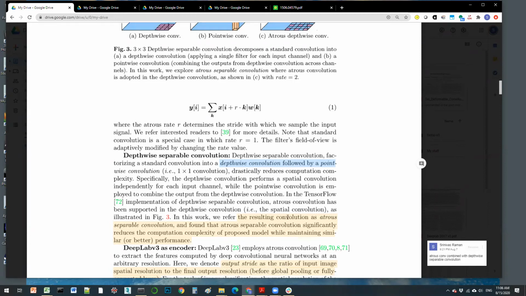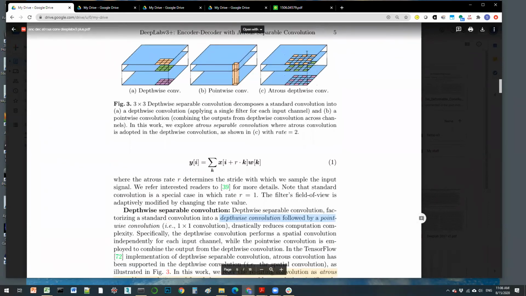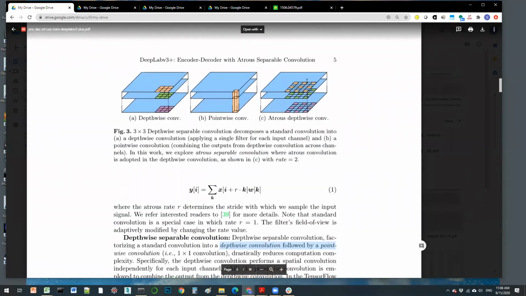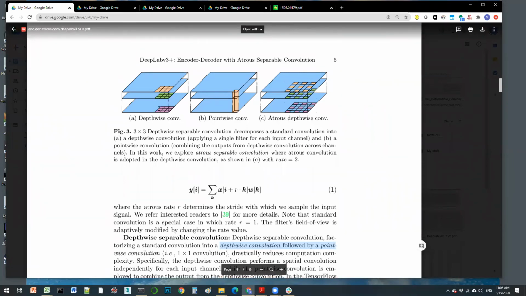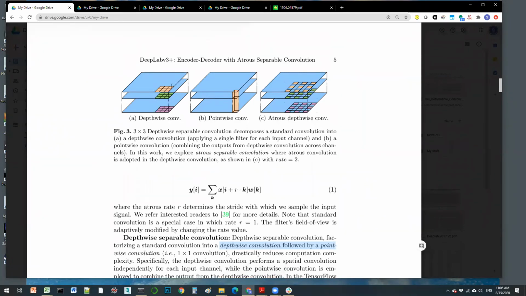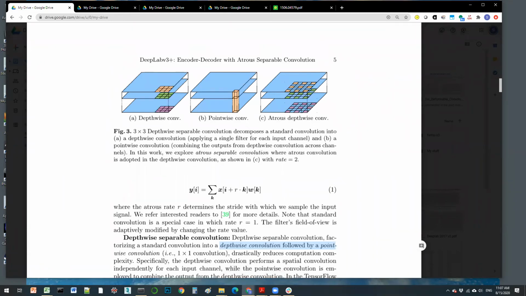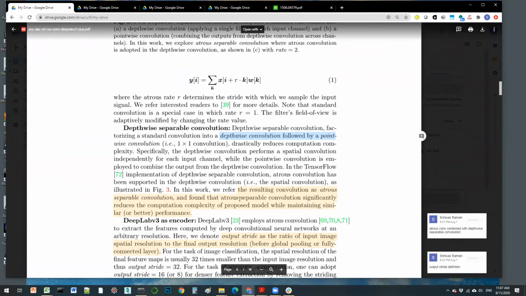They apply the atrous convolution in that manner, and they refer to that. What I mean is, instead of taking this 3x3 across 3 layers or 3 channels, they apply it channel by channel, and they define that as atrous separable convolution.